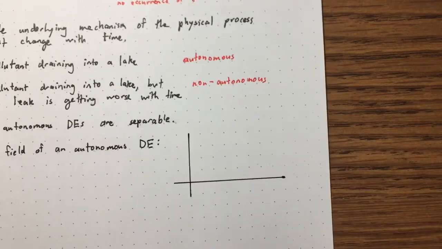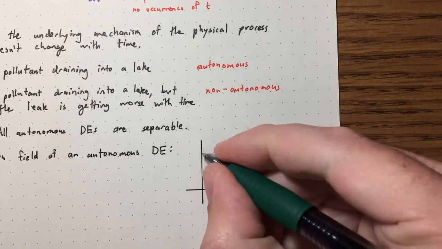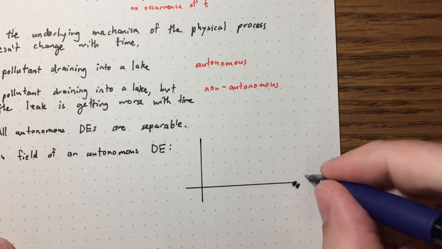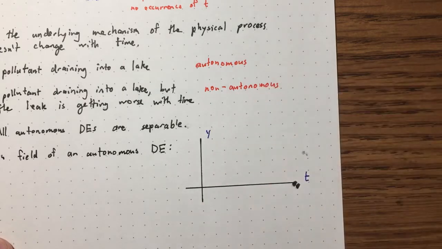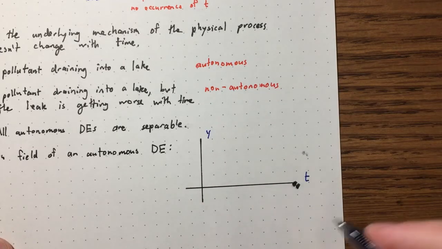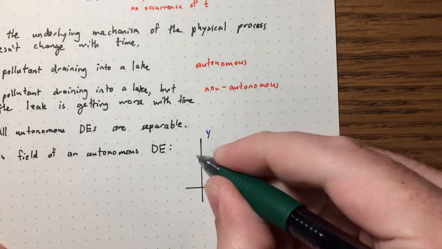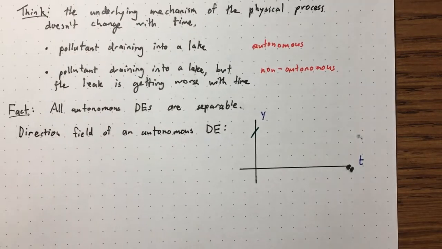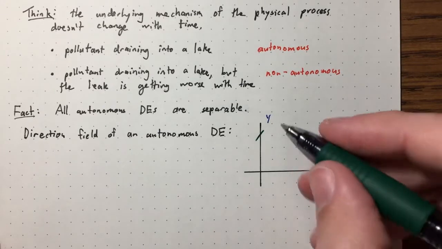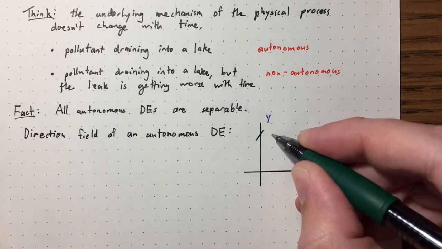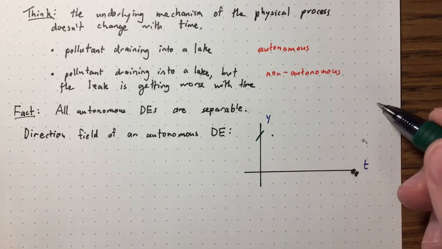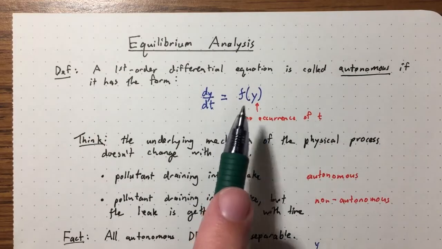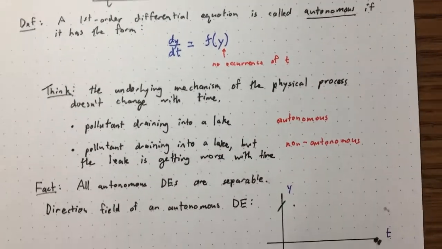Let's say we have t over here, and y here. Let's say at this point right here, we calculate that slope. Well, what are we going to calculate at this point here? We already know the answer, right? Because the differential equation doesn't depend on t.